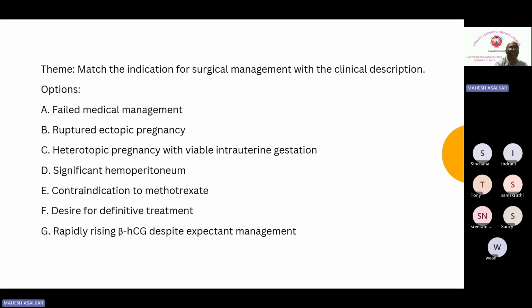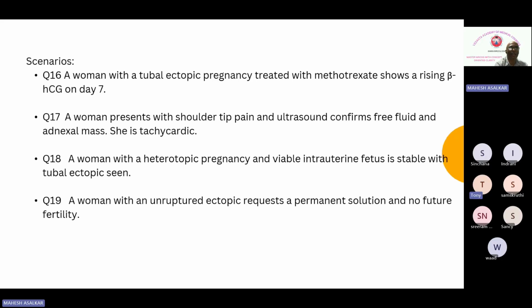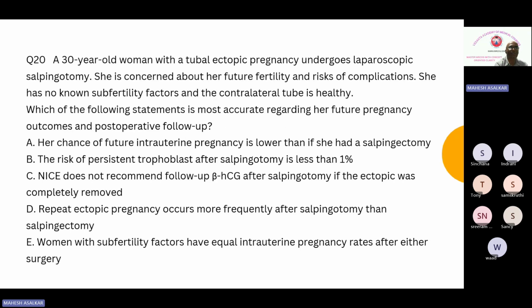So why not significant hemoperitoneum? Why ruptured ectopic? Actually, the question itself is very short. There should be some additional detail. It's not a very well-framed question.